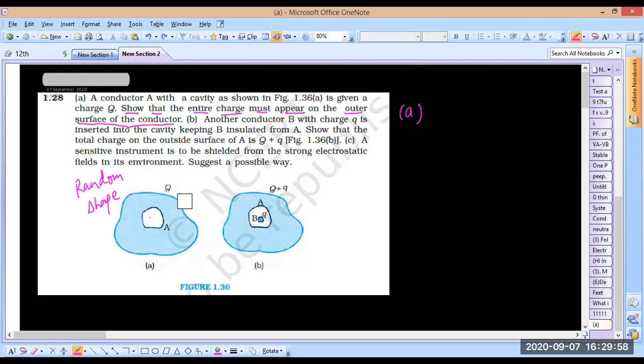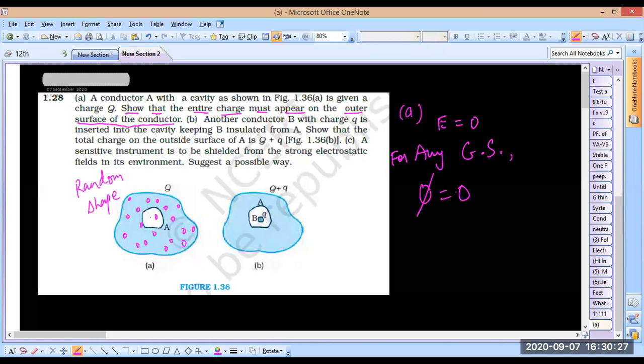I will just go through it very quickly by using the following idea. At this place, this place, or anywhere over here, at any point, the electric field is definitely zero, and that's why I can take any Gaussian surface like I've shown. For any Gaussian surface, flux will be zero because there is no electric field anywhere inside a conductor.